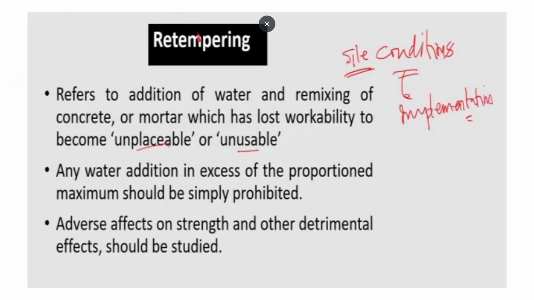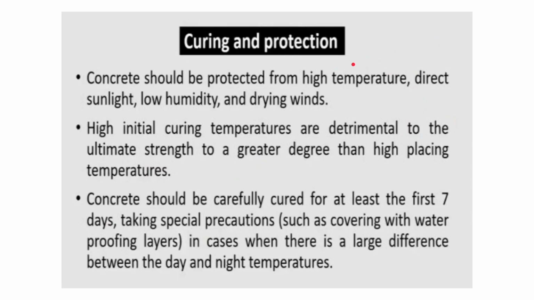Retempering refers to the addition of water and remixing of concrete or mortar which has lost workability to become unplaceable or unusable. We need to retemper those, and any water addition in excess of the maximum proportion should simply be prohibited. That can be done by using some chemical admixtures. Adverse effects on strength and other detrimental effects should also be studied, because there may be other conditions related to hot weather concreting.